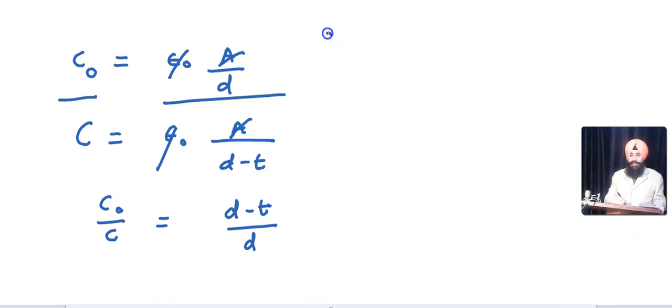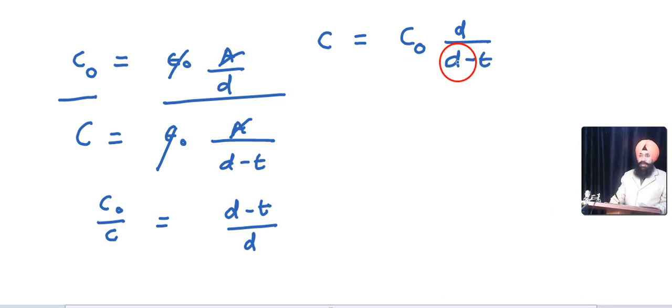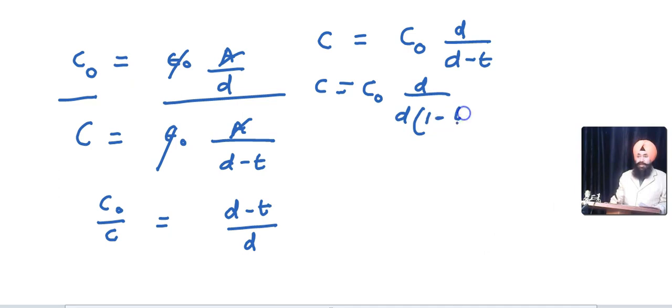Or you can say C becomes C naught d upon (d minus t). Right? Now d may be taken common from here. C equals C naught d upon d times (1 minus t upon d). So this d cancels. So C becomes C naught upon (1 minus t upon d).